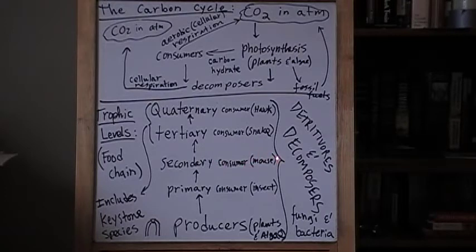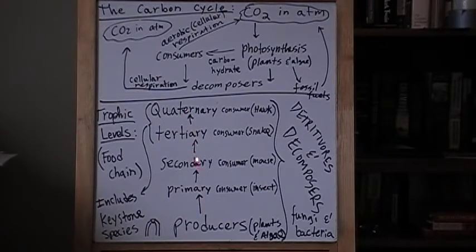I'm just giving some examples here. For example, a mouse might eat an insect that had in turn eaten the plants. And so these arrows represent consuming at different levels. So the arrow points to the consumer. Then you have the tertiary consumers that are eating the secondary consumers, and the quaternary consumers eating the tertiary consumers.